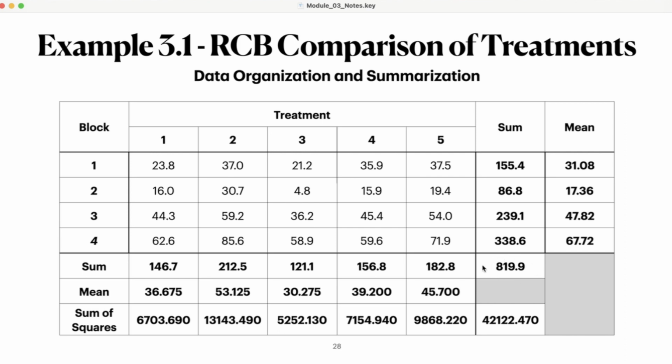So this is the sum of all the observations in the data set. And we can get this either by summing the column sums or by adding up the row sums. That's a good quality control check to make sure that you've calculated the sums correctly.